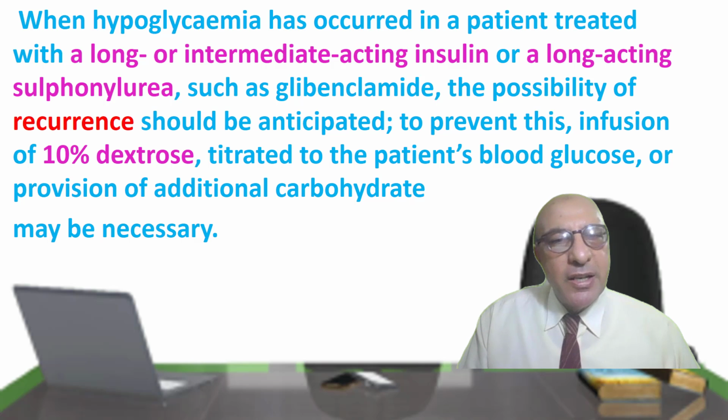To prevent this, infusion of 10% dextrose, titrated to the patient's blood glucose, or giving more carbohydrate orally is necessary, and observation for a longer time until we are sure the drug has no more effect and the liability to recurrent hypoglycemia is not there.